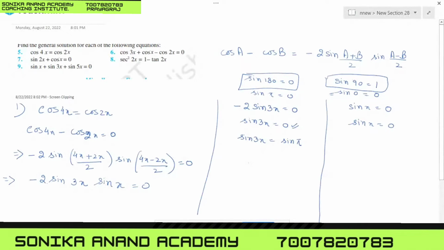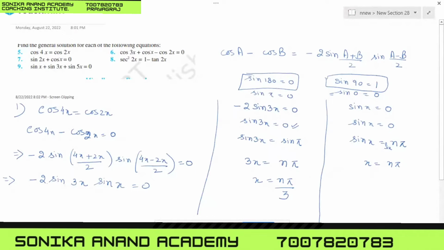So we can write it as 3x. We don't write only pi, we write n pi. It can be any multiple. So the value of x becomes n pi by 3. Similarly here, sine x is equal to sine n pi, so the value of x is equal to n pi.